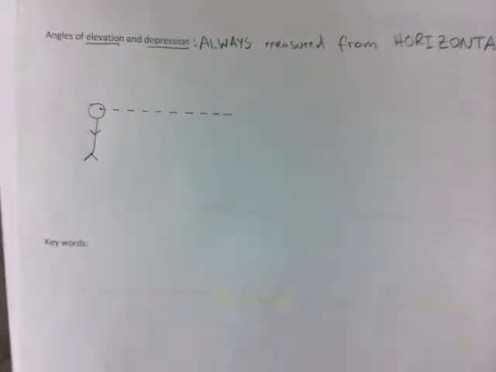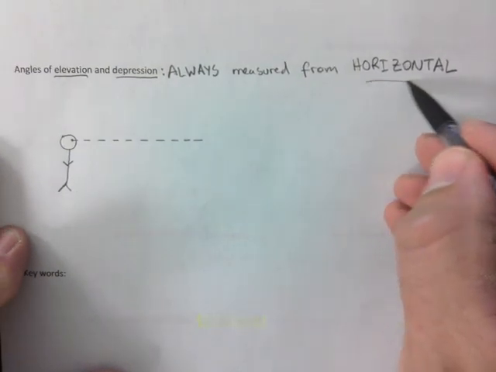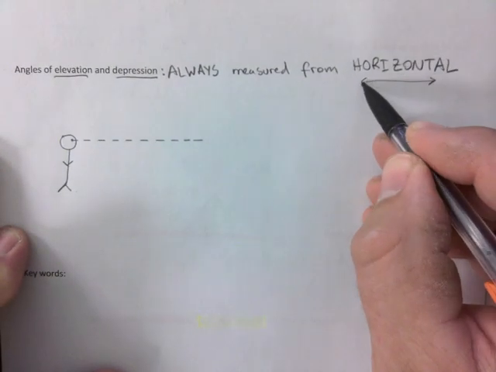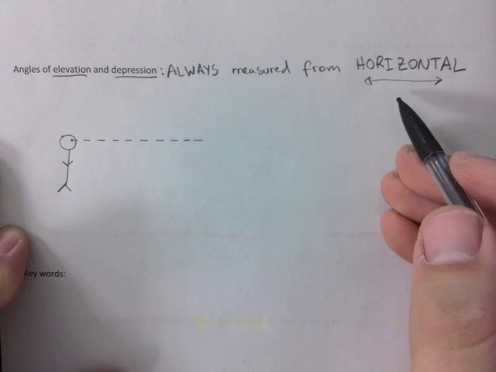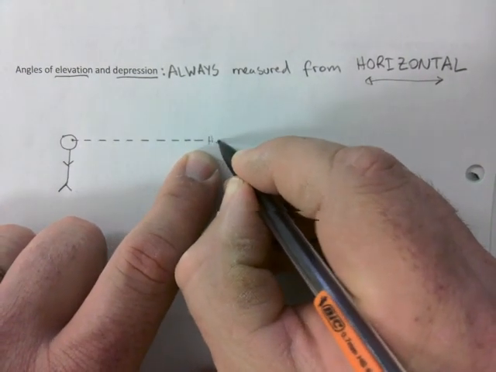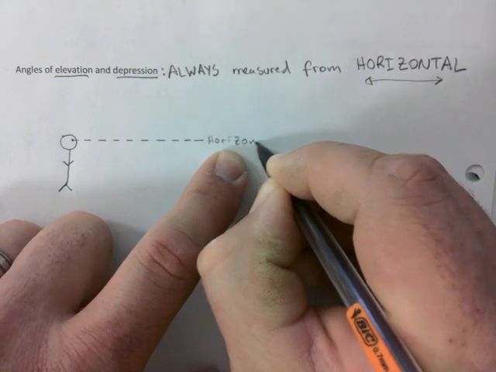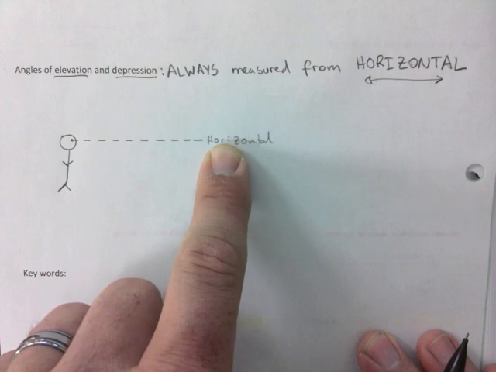A line that goes side to side. Okay, so here it is. Horizontal, in case you forget, the sun sets in the horizon, right? So horizontal is this, sideways. So that's very important. So this is my horizontal. So if I were to look straight out, that'd be horizontal.